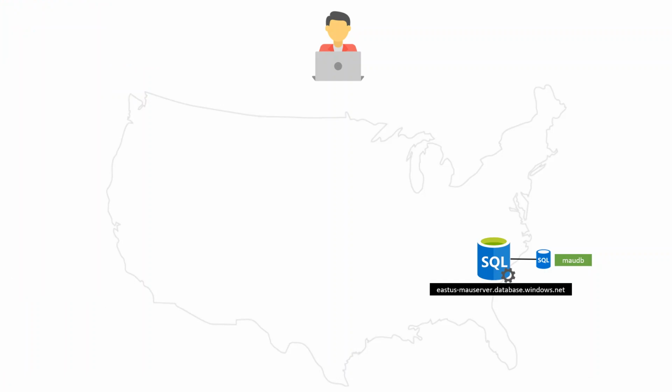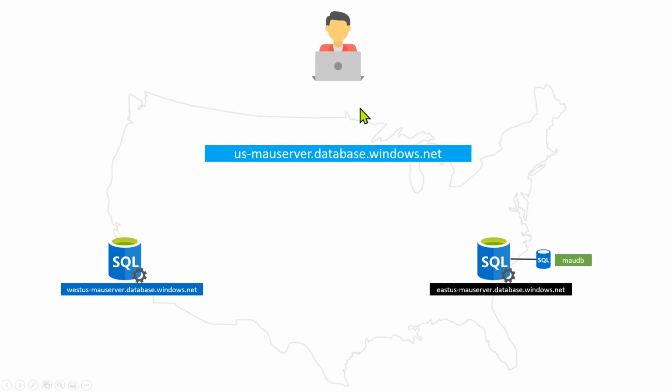Then I need to add the failover component to my database server. In order to do that, I need to create a secondary server in a secondary region so I have high availability on my database. Later, the idea is to create a highly available DNS name on top of my configuration.